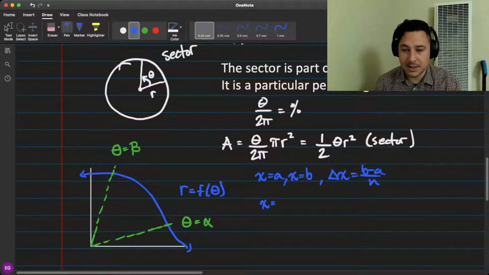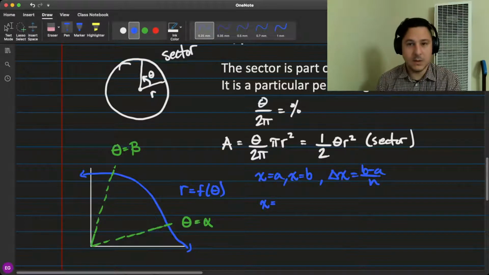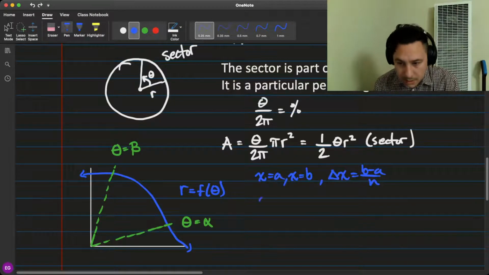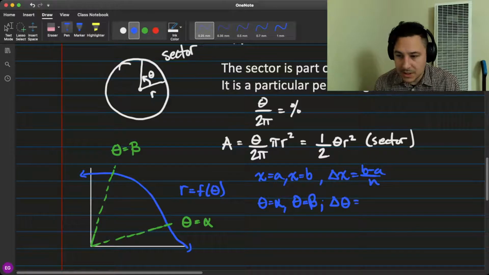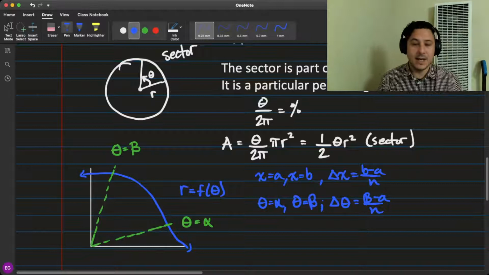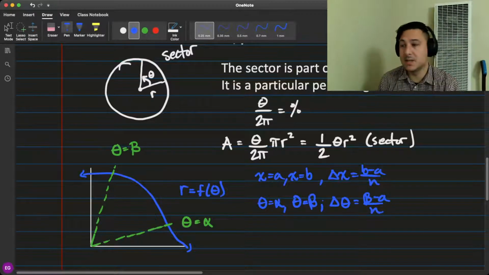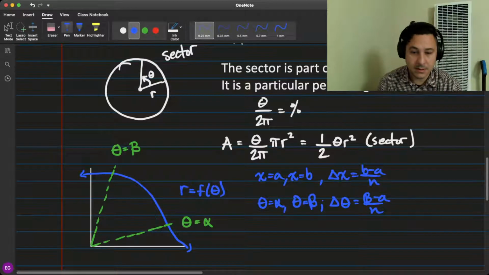We're going to take the interval between theta equals alpha and theta equals beta and split that into equal parts called delta theta, which is beta minus alpha over n. So for instance, let's say we split this into 3 equal parts.